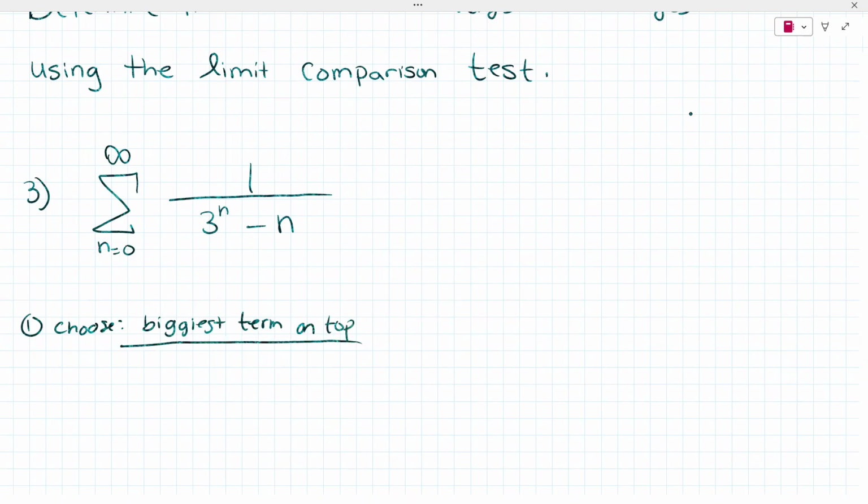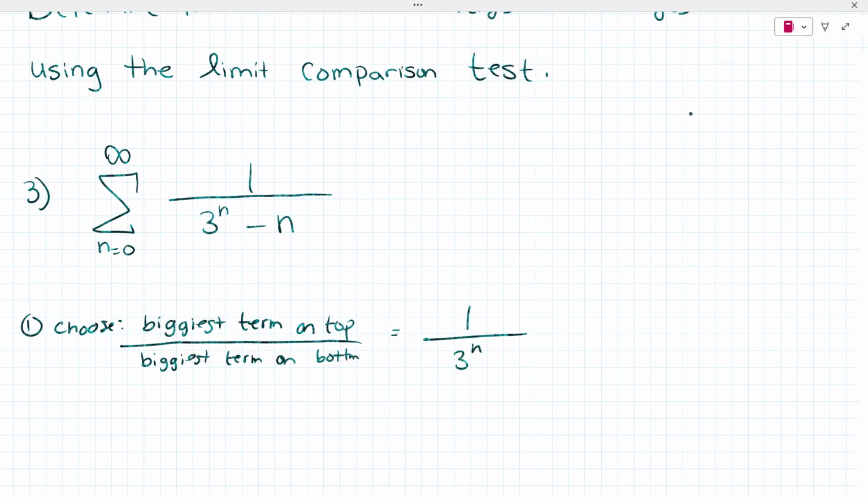Or biggest term on the bottom. That is going to be 1 over 3 raised to the n.